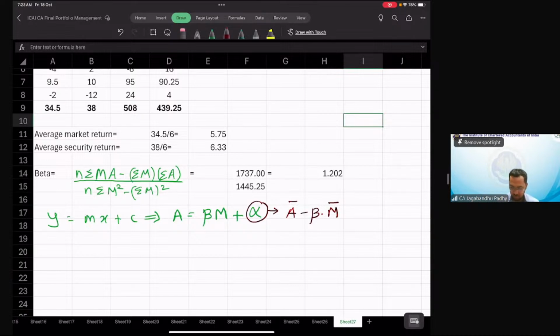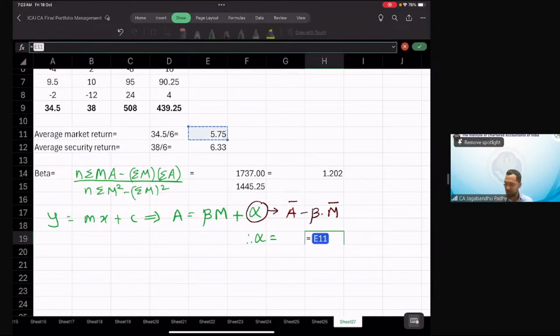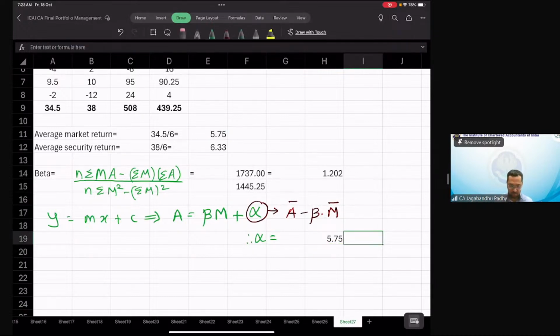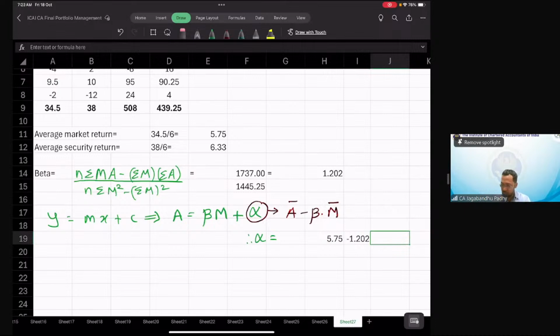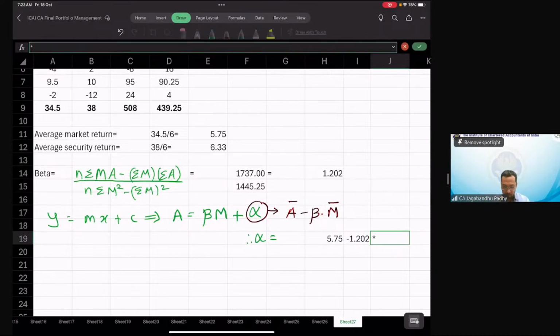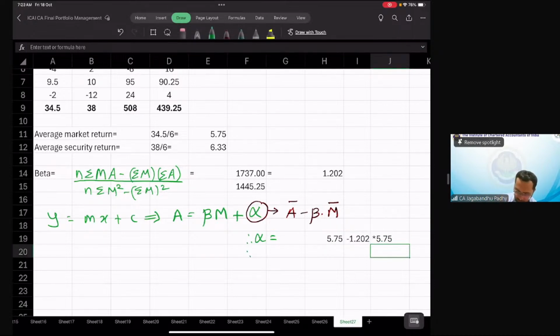So let us try to get the value of alpha. So therefore, alpha is equal to, how much is A? Average return of A is 5.75. Then this is minus 1.202, multiplied by average of market return, which is 5.75. So what's the value of alpha we'll be getting?